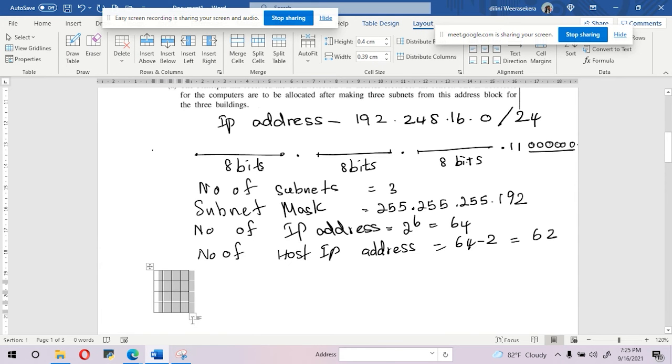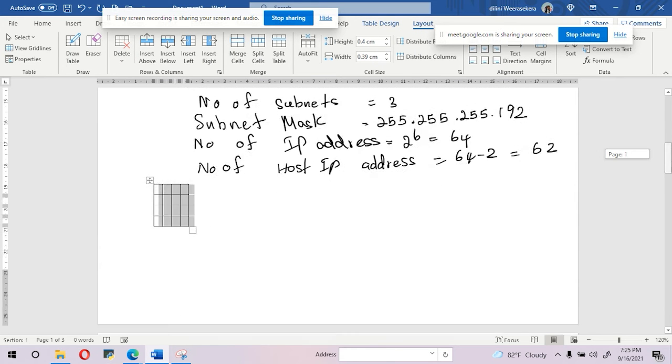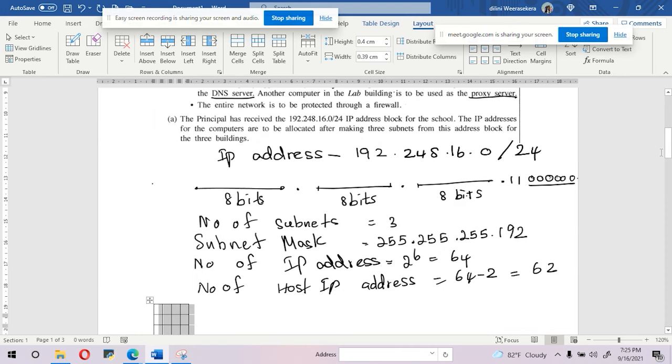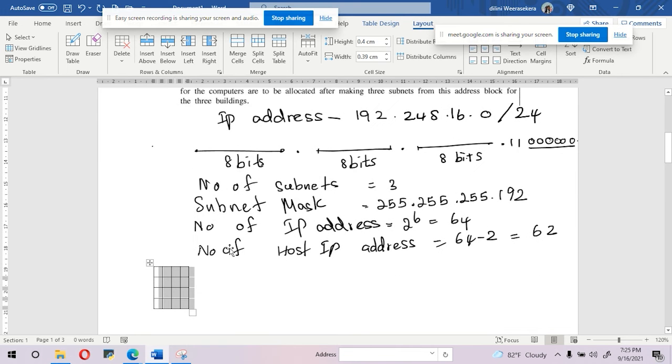What is the first one you need here? Building. We'll write the answer there. First is the building. We have 3 buildings: admin, lab, and library.